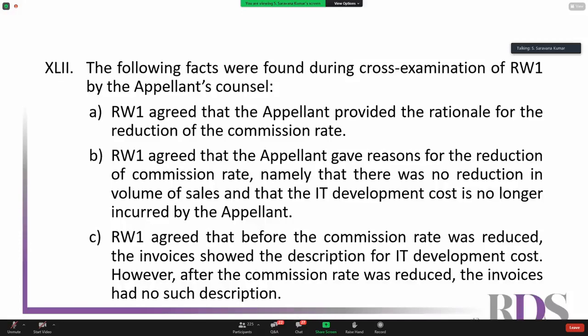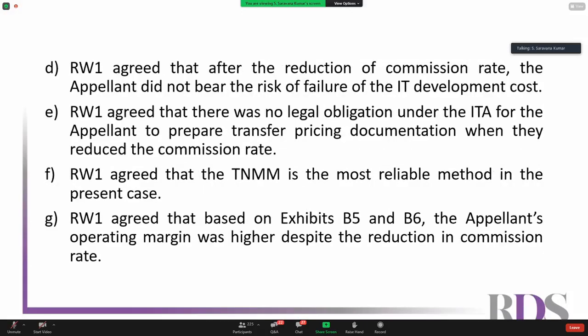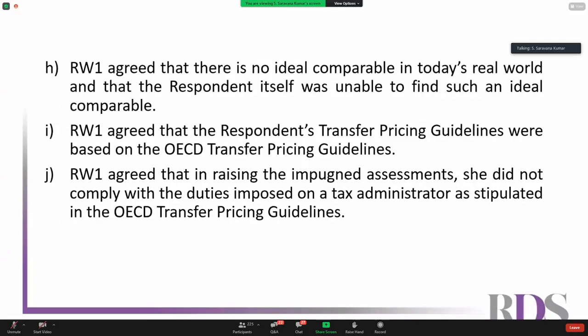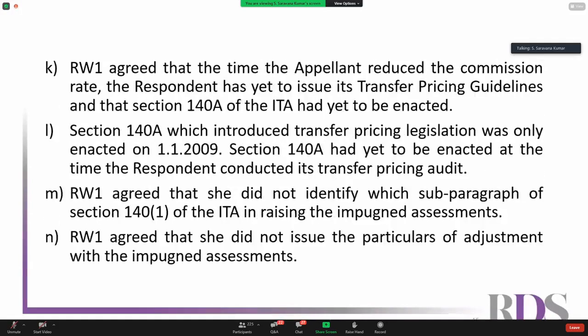And of course, RW1 is the IRB's witness who testified and got beaten up in her evidence. You will see in one part the judge said the revenue witness was flustered during the cross-examination. I believe we cross-examined her in court for 8 days on this case. So she got beaten up on all those things, and then she agreed.